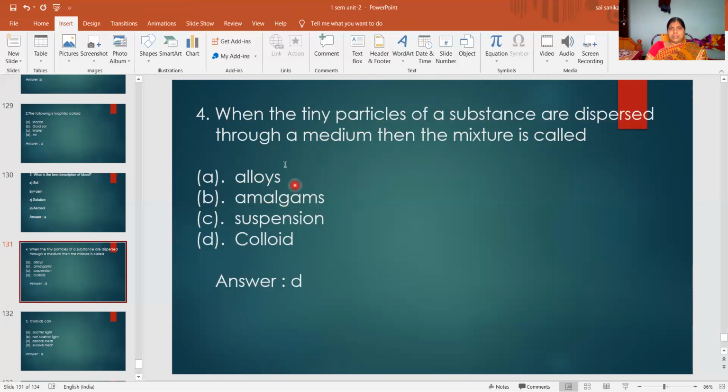Not alloys, which are homogeneous mixtures of metals. Amalgam means mercury with a metal. Suspension means very large particles will be present. Here we have tiny particles, so the answer is B, colloid.